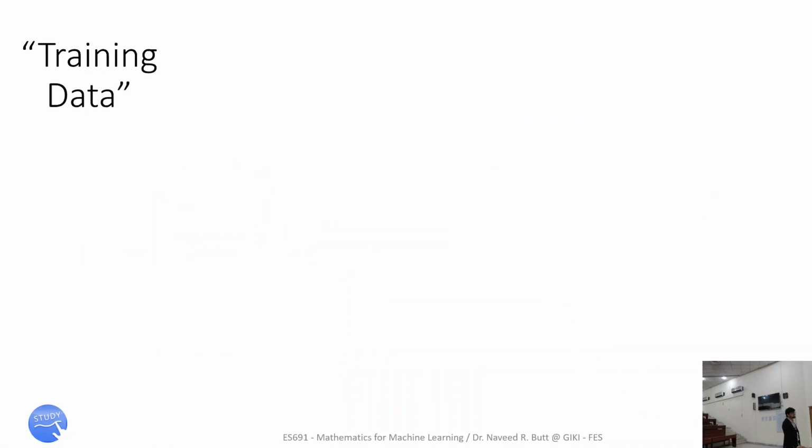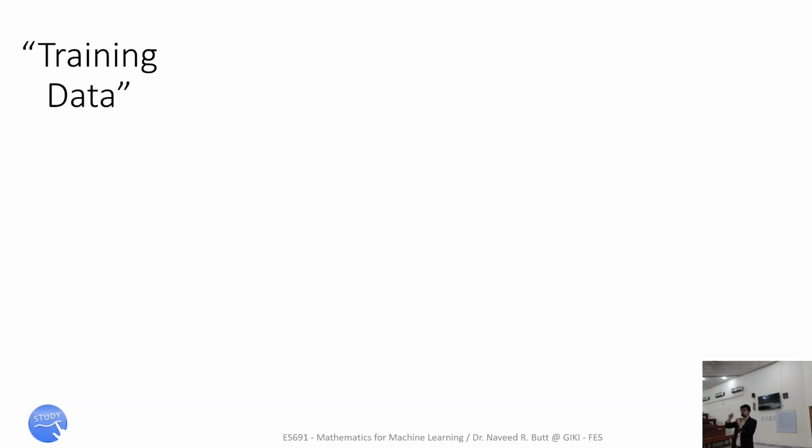Training data. What's training data? Those of you who are already doing some work in machine learning, it is the data on which the model is trained. So it's those features and labels which we are sure of already, which we already have. In function approximation or curve fitting, what is training data?